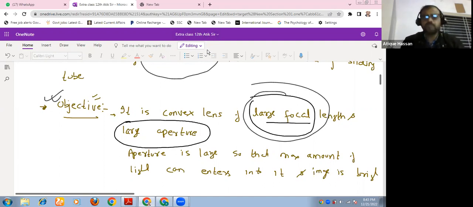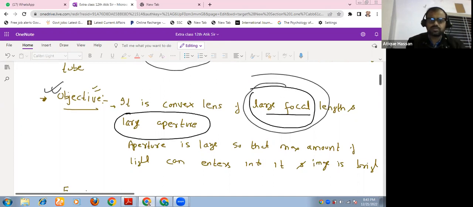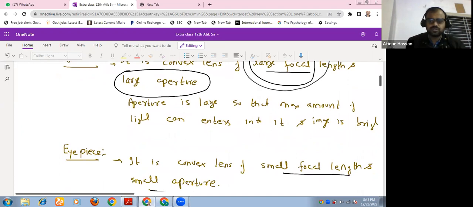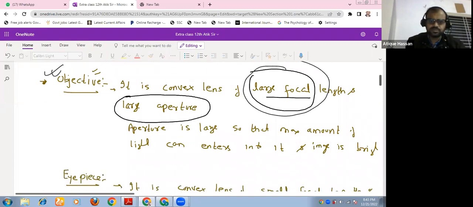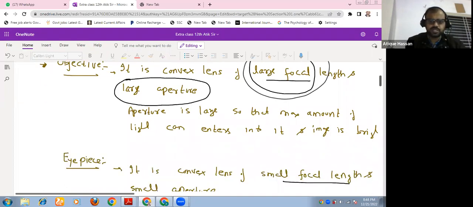That is why objective of optical astronomical telescope is kept larger, or it is of larger aperture. So it is very crucial, or it is very important, that the objective of a telescope is larger, or it is of larger focal length, or you can say it is of larger aperture than eyepiece. This is the main difference if we talk about the first difference, and this is very important.